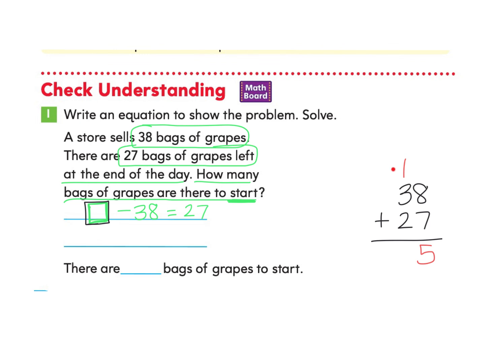Now I'm going to add 1, 3, and 2 in my tens column, and when I do that, I get the number 6. So I can say that 65 take away 38 makes 27. And I have solved my equation that there are 65 bags of grapes to start.